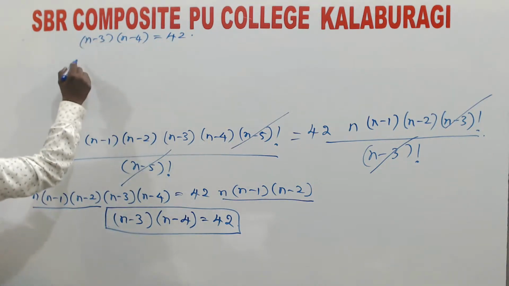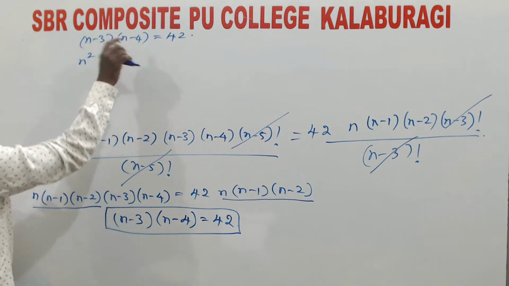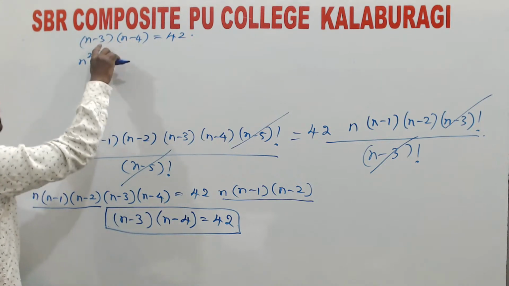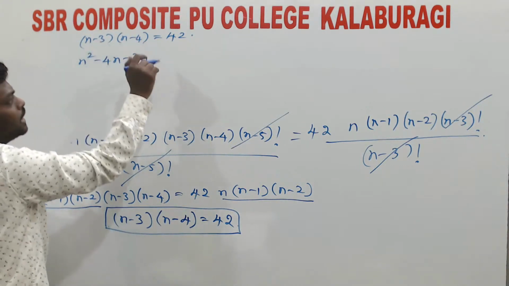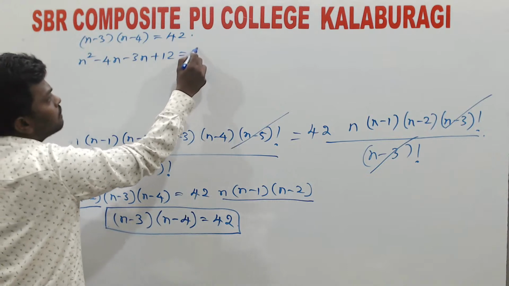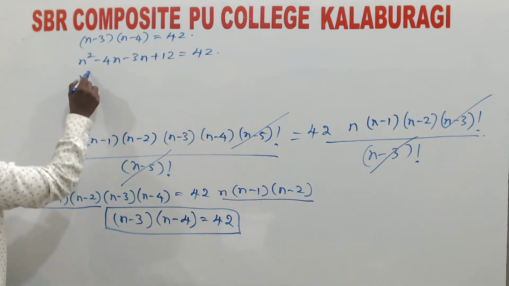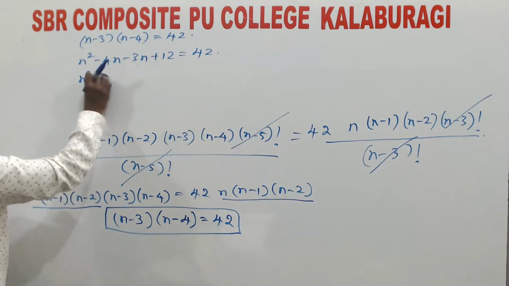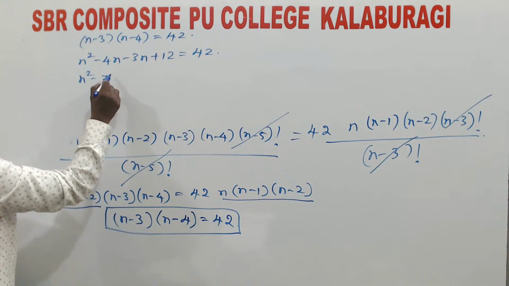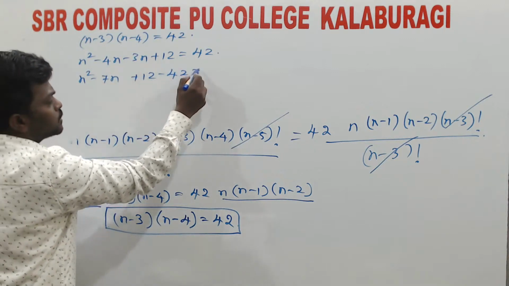Now multiply this. n into n is n square, n into minus 4 is minus 4n, minus 3 into n is minus 3n, minus 3 into minus 4 is plus 12, equal to 42. So n square minus 7n plus 12 minus 42.